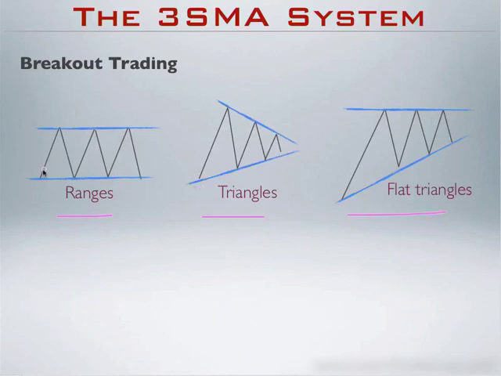Either ranges, where price simply bounces up and down within two horizontal boundaries; triangles, where price compresses within two opposite trend lines towards the vortex; and then flat triangles, where we have one trend line and one horizontal line. Basically this trend line compresses price towards the horizontal level.